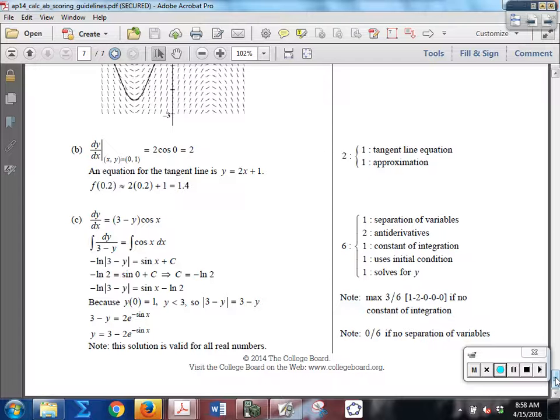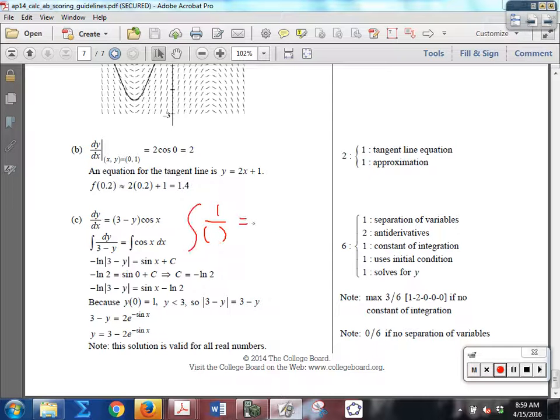That's easy. This one you've got to remember that the integral of something like this is just the natural log of that, right? So with that negative there, you might want to do a little bit of u substitution, like let u equal 3 minus y, so that du equals negative dy.